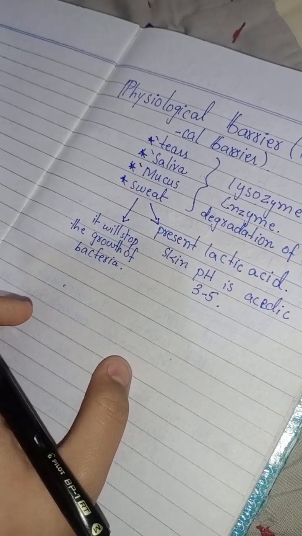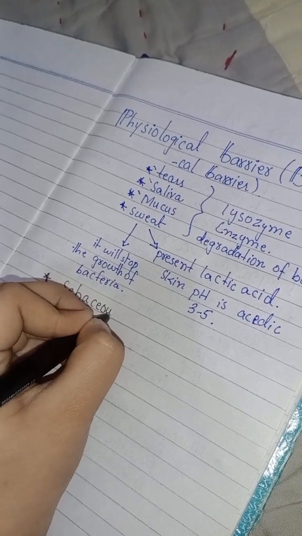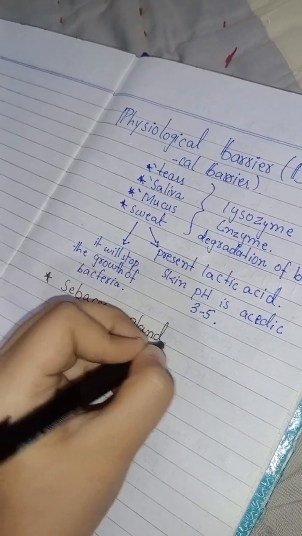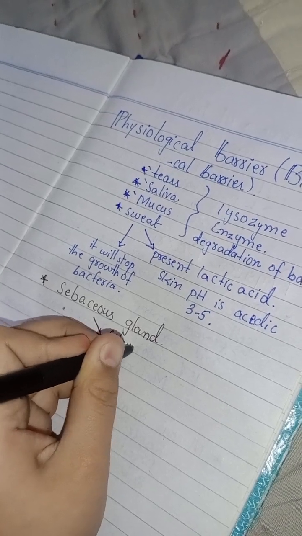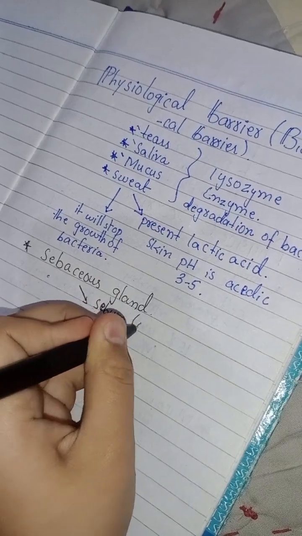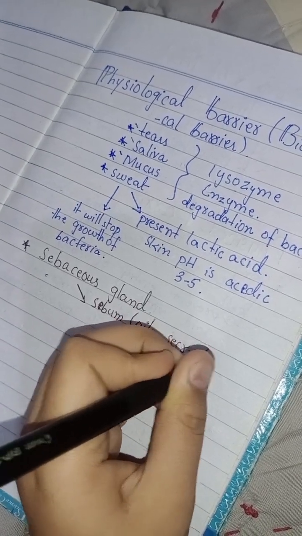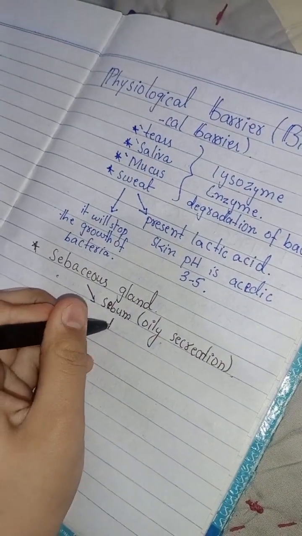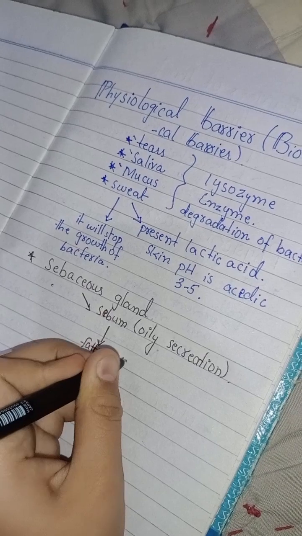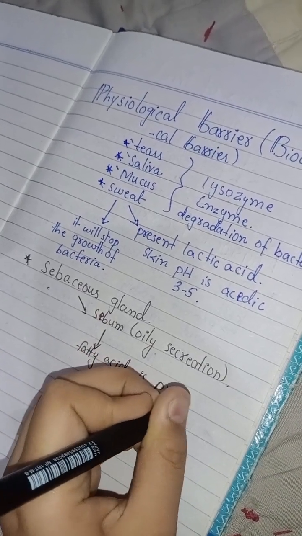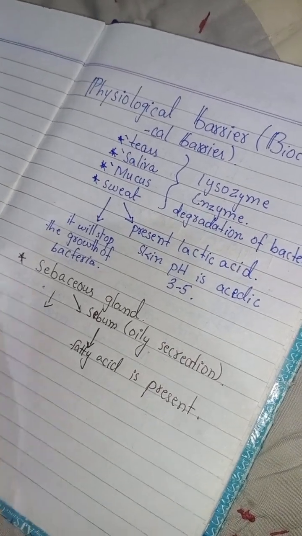Now another is the sebaceous gland. It secretes sebum, which is an oily substance or oily secretion, because in the sebaceous gland fatty acid is present, which prevents the growth of many bacteria and fungi.